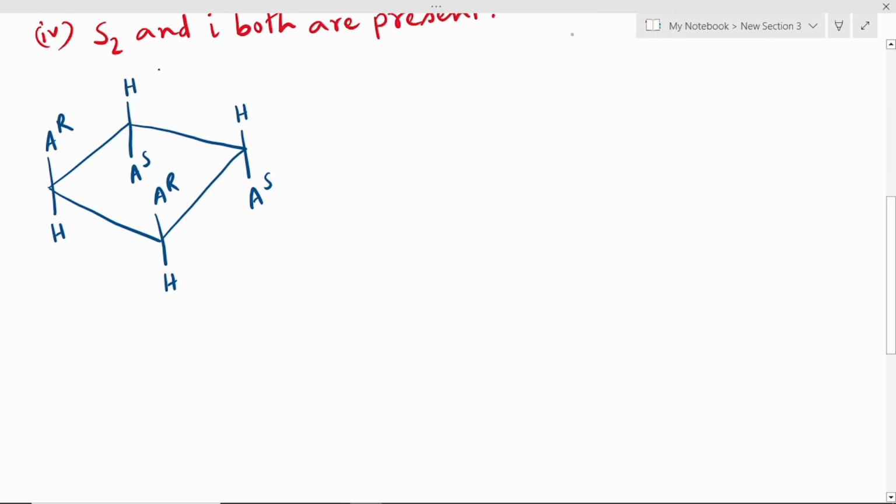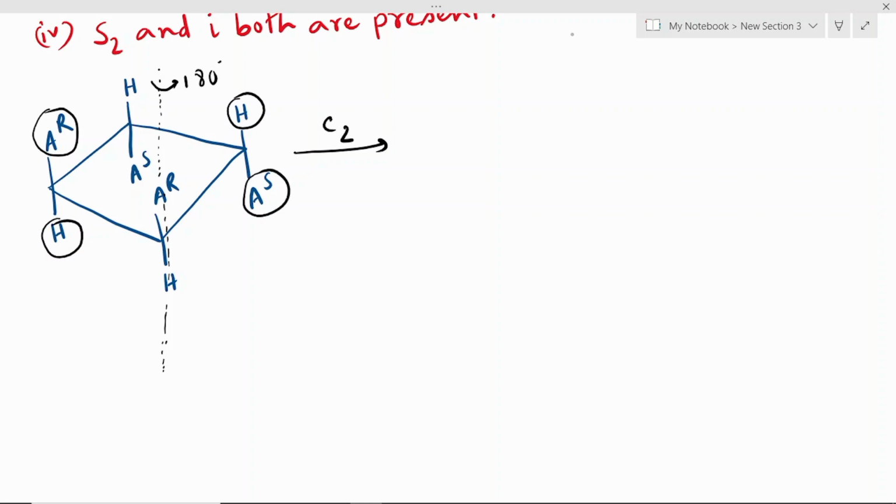Suppose we draw the axis, and according to the axis we operate a 180-degree rotation, that is nothing but C2 operation. Upon C2 operation this AR group will go to this position, and this AS group will go to this position.